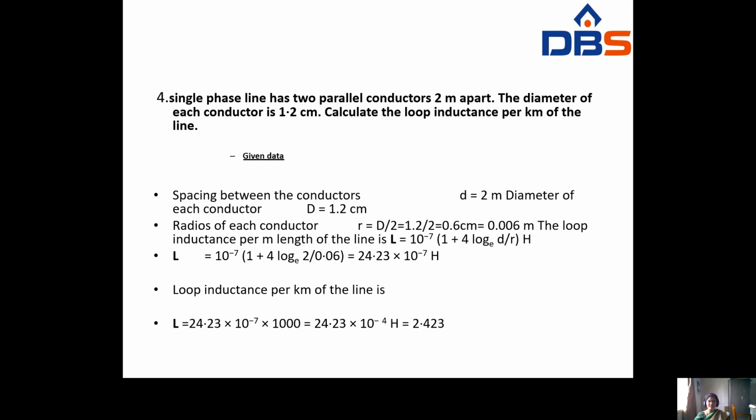So you multiply this value by 1000: 24.23 into 10 to the power of minus 7 into 1000, which gives 24.23 into 10 to the power of minus 4 Henries, that is 2.423 millihenries.